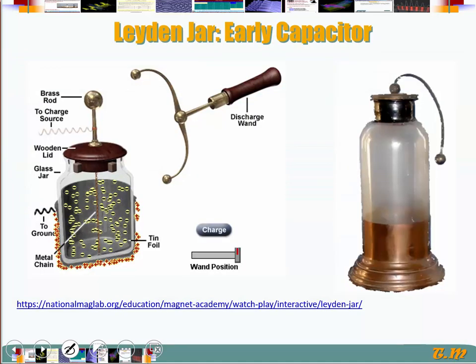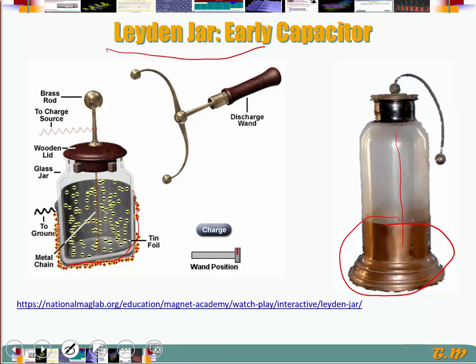Example capacitors: this is the early capacitor, what we call a Leyden jar. In this particular case, we have a metal surrounding this glass bottle. The metal is connected to a positive charge, and then you have a chain going down in the middle.